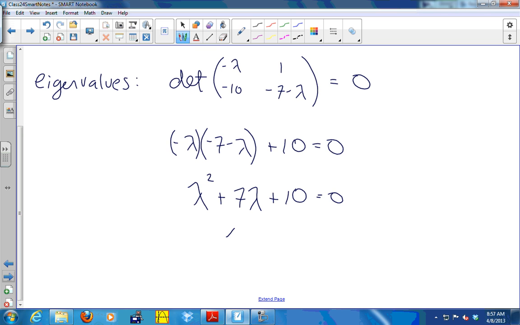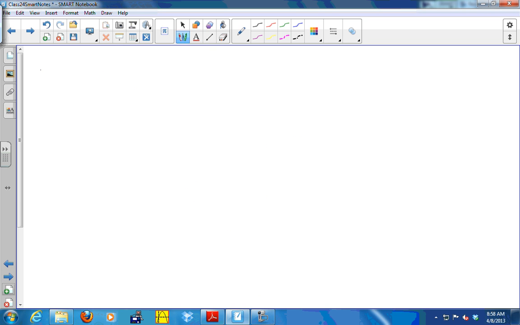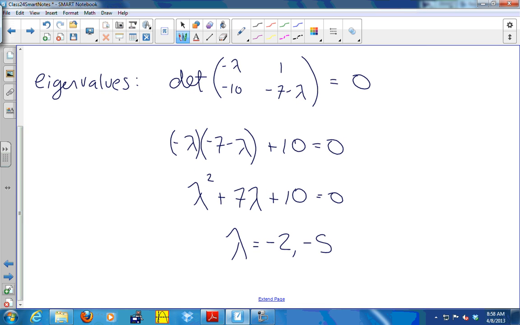Okay, so again, we get lambda equals -2 or -5. So we have eigenvalues. We have to find associated eigenvectors. These are both real. They're both negative, which means this origin is going to be, I think, a sink.